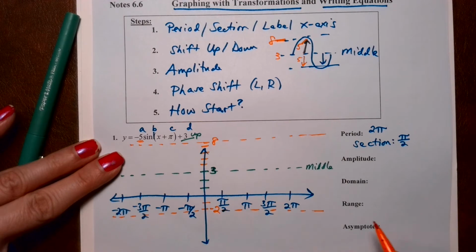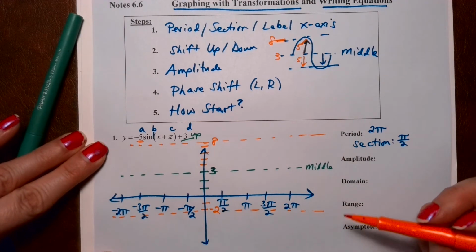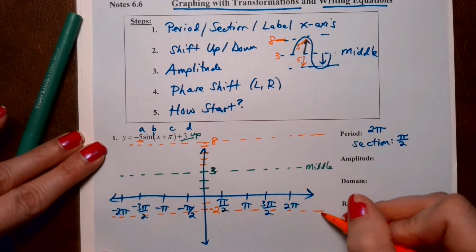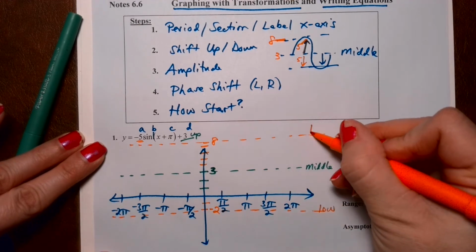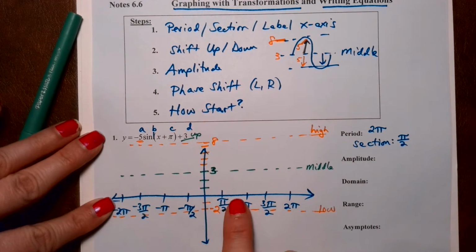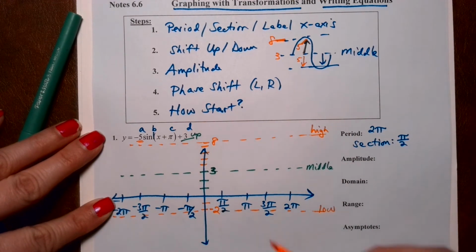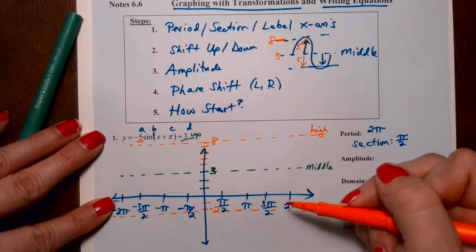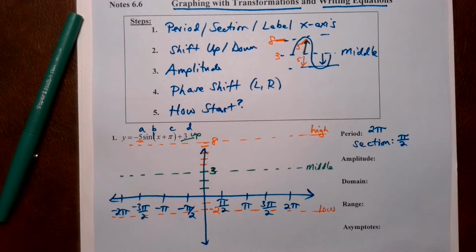What I want you to make sure you're aware of here is we've got our high, we've got our middle, we've got our low. At no point should we be using this x-axis as any special feature. We're going from high to middle to low, and we're not stopping on the x-axis. You have to make sure you don't do that.